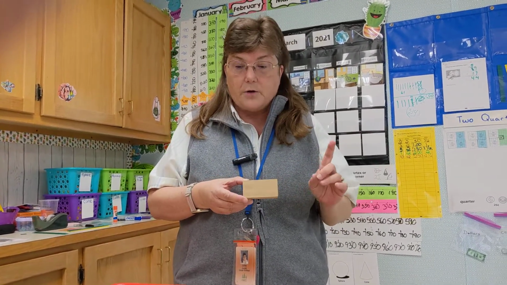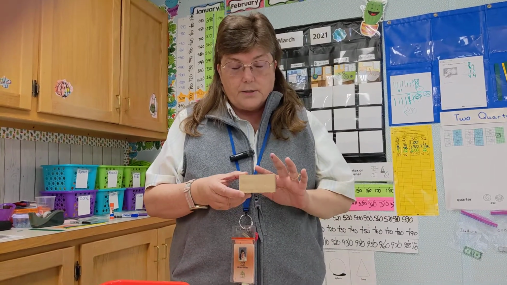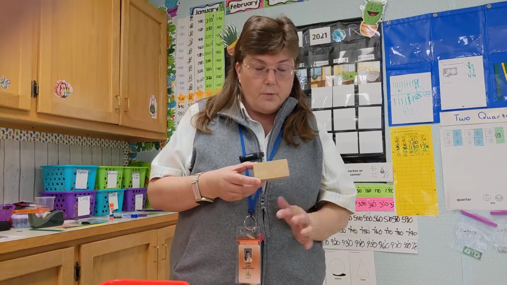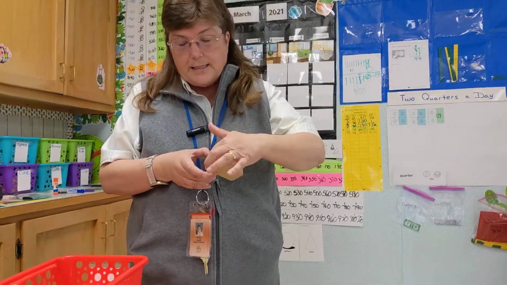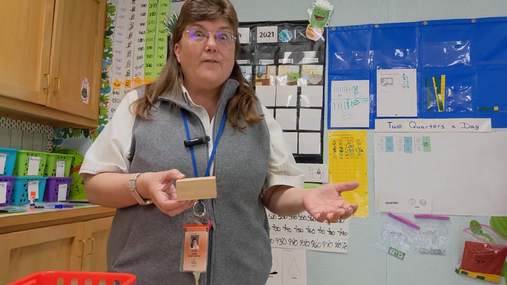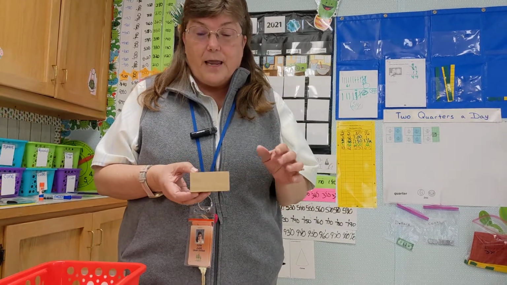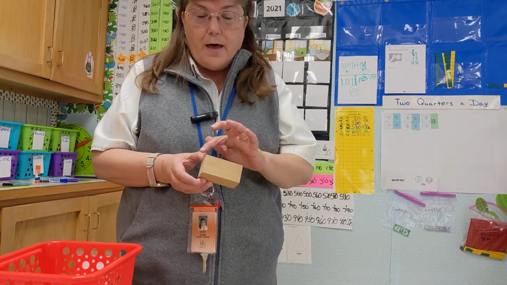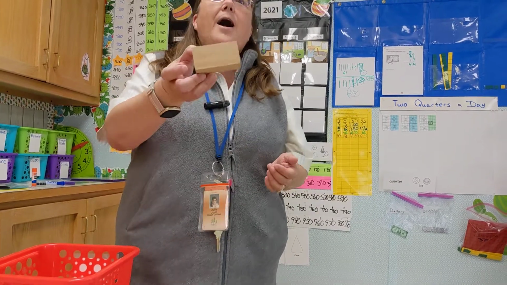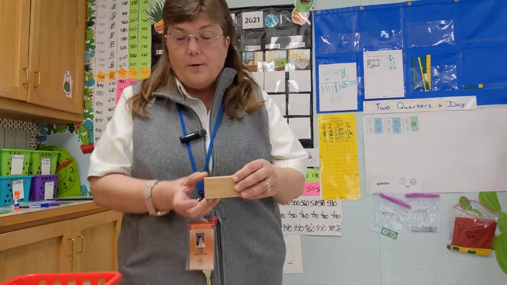Oh, I'm getting close. Okay, edges. 1, 2, 3, 4, 5, 6, 7, 8, 9, 10, 11, 12. I think I figured it out. Let's see if it's got 8 vertices. 1, 2, 3, 4, 5, 6, 7, 8. It is. It's a rectangular prism.